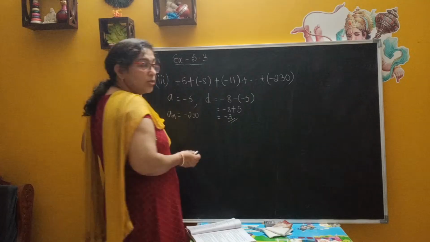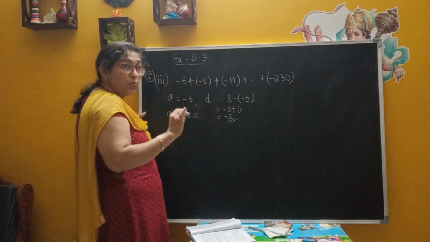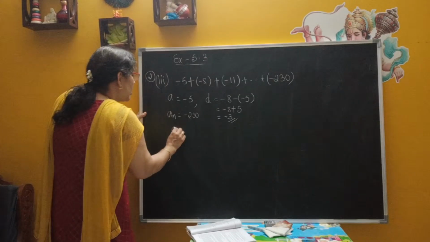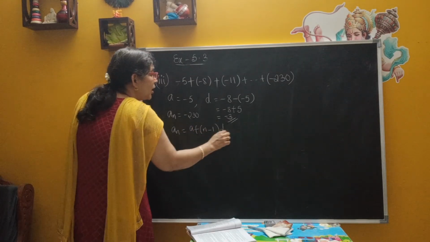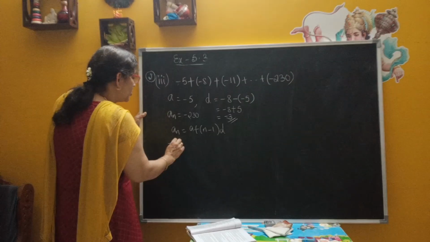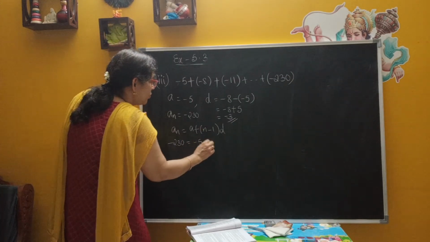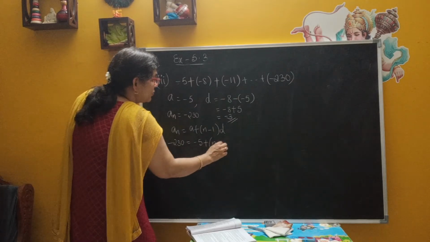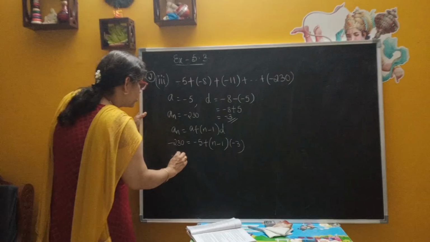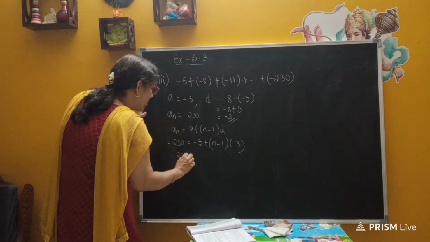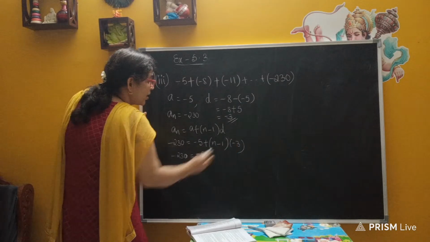First let us use the formula to find the nth term and find the value of n. How many terms are there? Let us find it first. So An is equal to A plus (n minus 1) into D. Substitute the values. Minus 230 is equal to minus 5 plus (n minus 1) into minus 3. Simplify this.